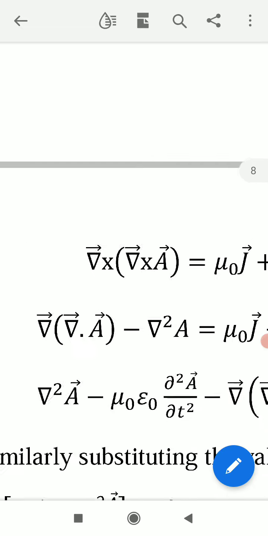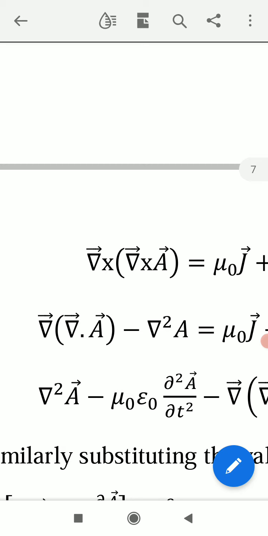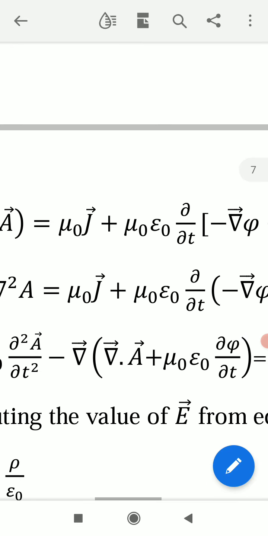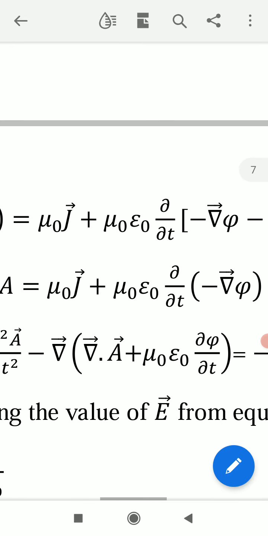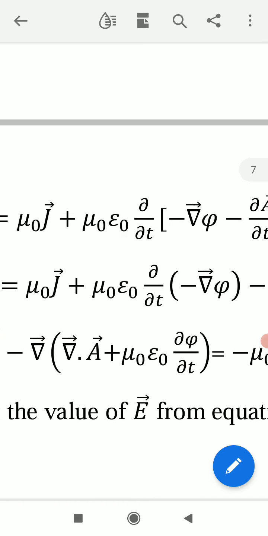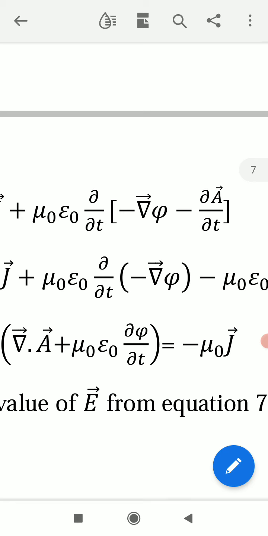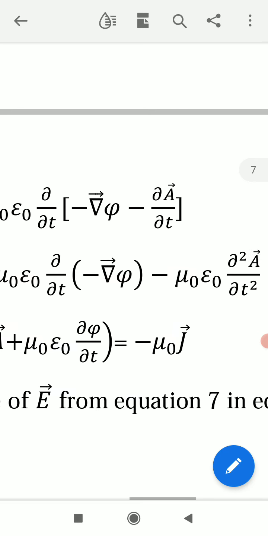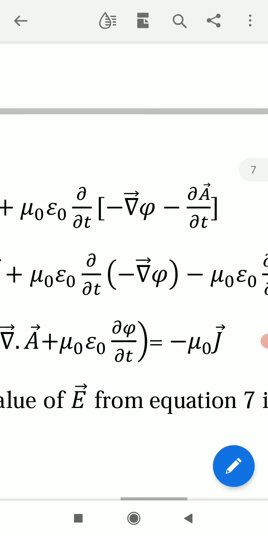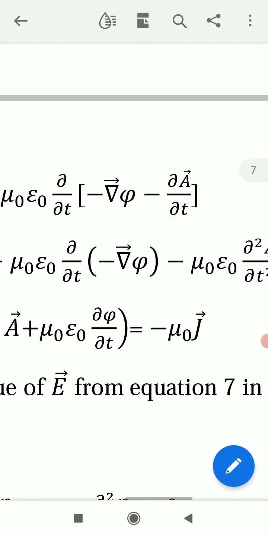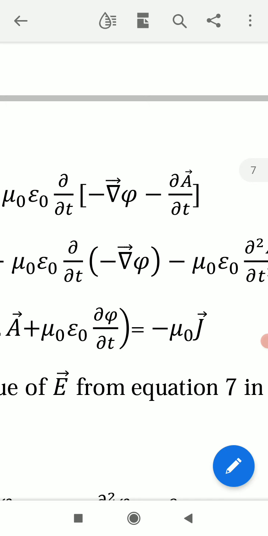So left hand side del cross del cross A can be written as del of del dot A minus del square A, and right hand side is mu 0 J vector plus mu 0 epsilon 0 delta upon delta T of minus del phi, and minus mu 0 epsilon 0 d2A upon dt square. We solve this bracket.